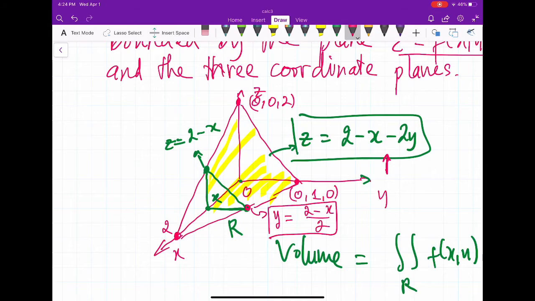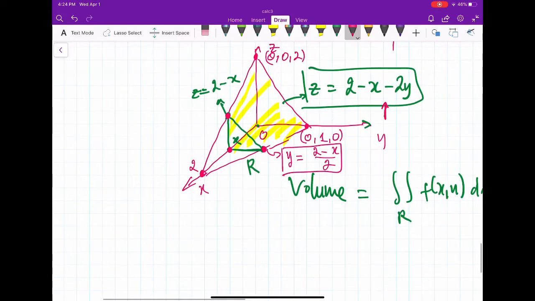Make sense? All right, so if you fix some x in here, you can find coordinates of this point and this point easily. Okay, so you have some triangle which is parallel to the y-z plane. And then you can find the area of this triangle. Make sense?